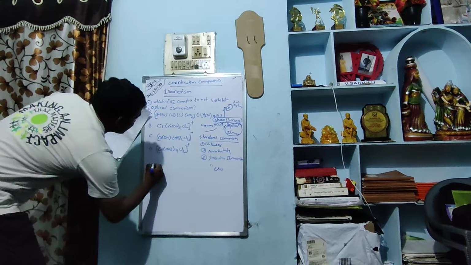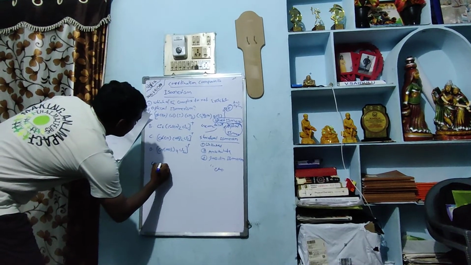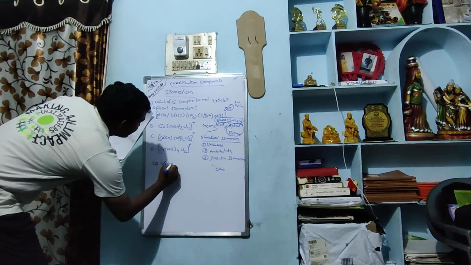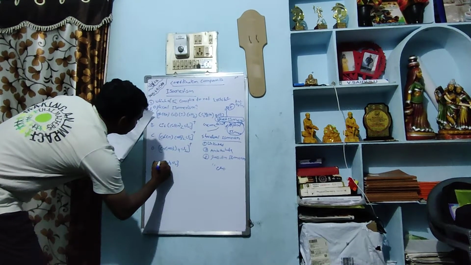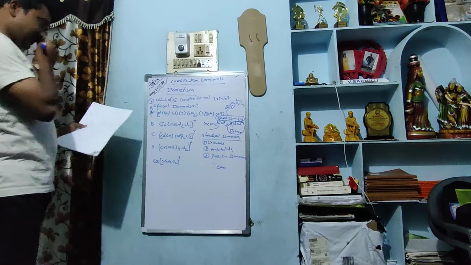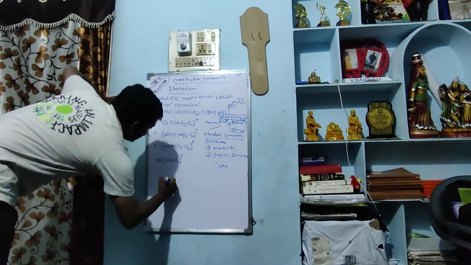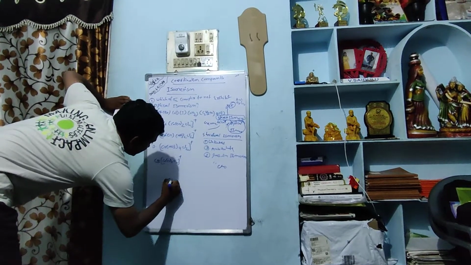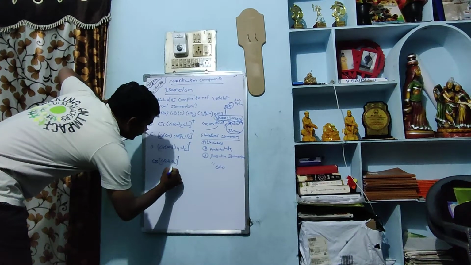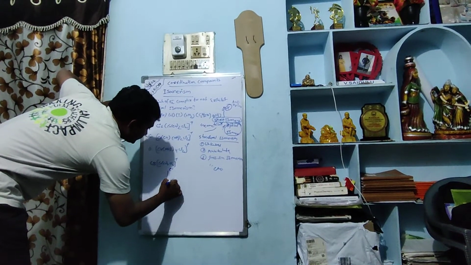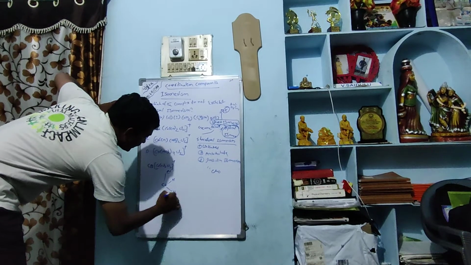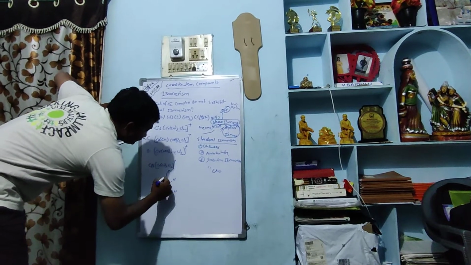Next we take the second option, cis cobalt ethylene diamine dichloride plus. How to consider this one? First you have to see the central metal atom is cobalt, ethylene diamine, nitrogen. This is the bidentate ligand.